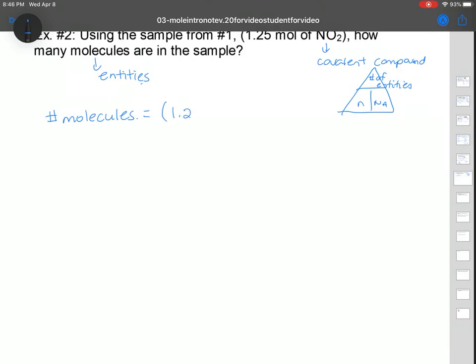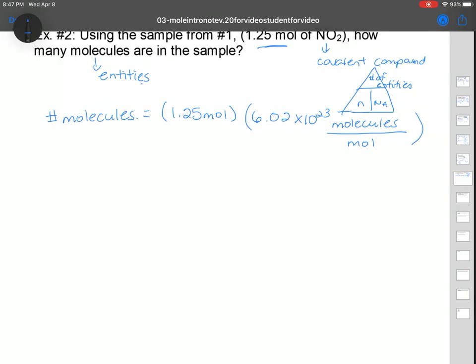So when we have 1.25 moles, which we're given, and you have always 6.02 times 10 to the power of 23 molecules, no matter what you're talking about, in 1 mole. Or you can even think of it like, say it out loud. Okay, so 6.02 times 10 to the power of 23 molecules in 1 mole, but I actually have 1.25 moles.